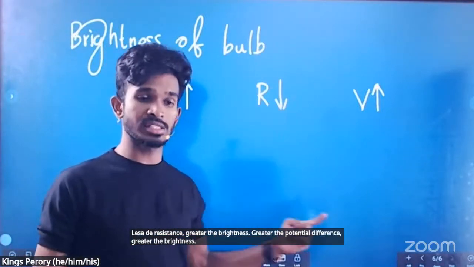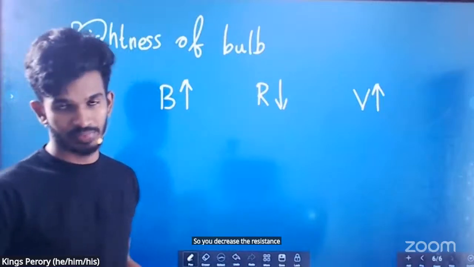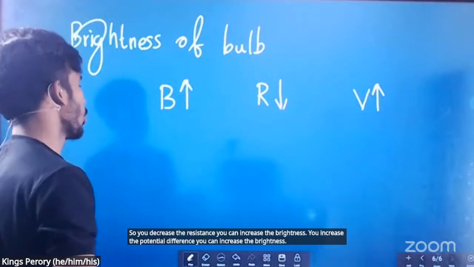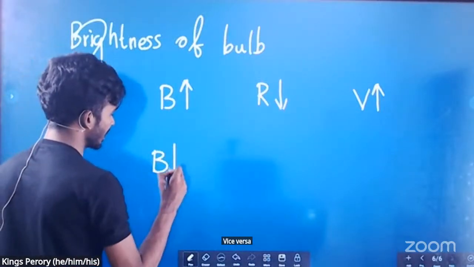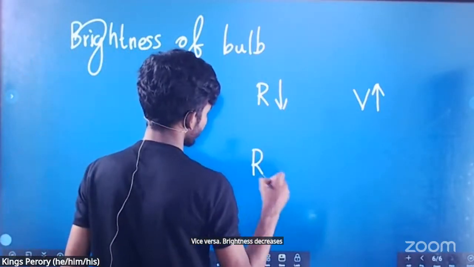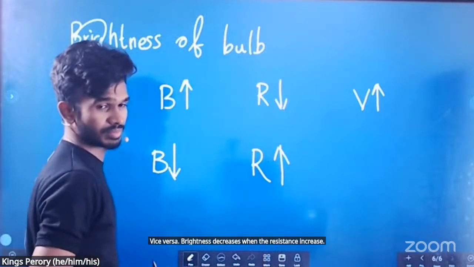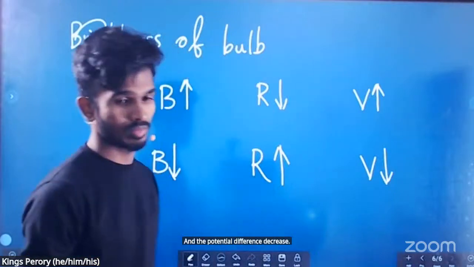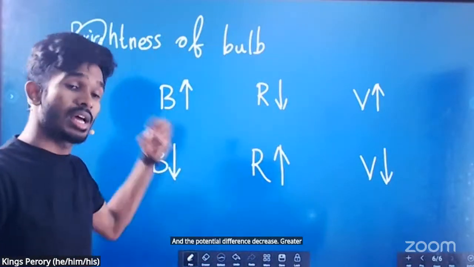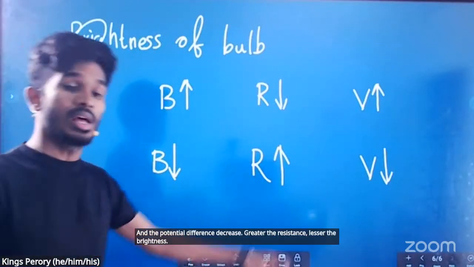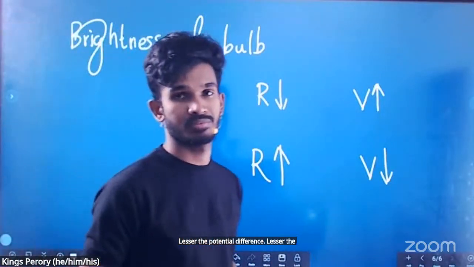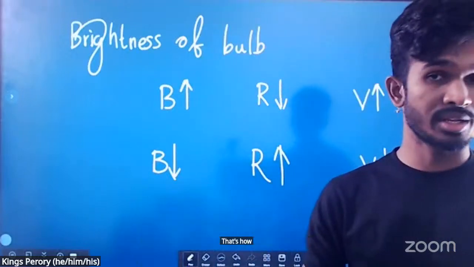So if you decrease the resistance, you can increase the brightness. If you increase the potential difference, you can increase the brightness. Vice versa, brightness decreases when the resistance increases and the potential difference decreases. Greater the resistance, lesser the brightness. Lesser the potential difference, lesser the brightness. That's how the brightness varies.